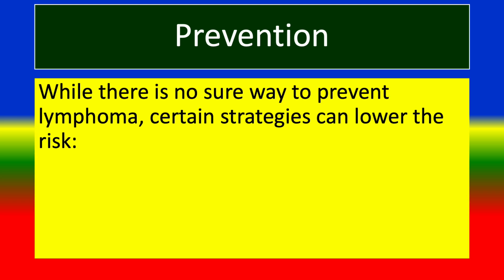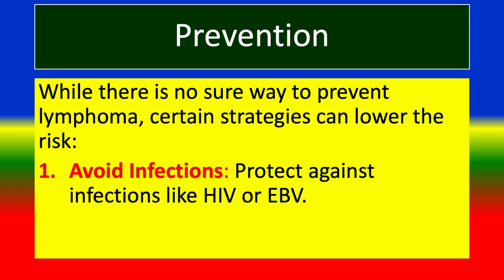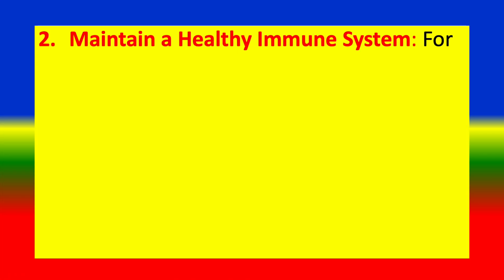Prevention. While there is no sure way to prevent lymphoma, certain strategies can lower the risk. 1. Avoid infections. Protect against infections like HIV or EBV. 2. Maintain a healthy immune system.